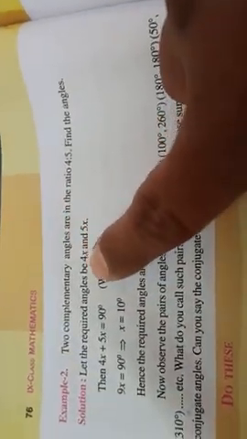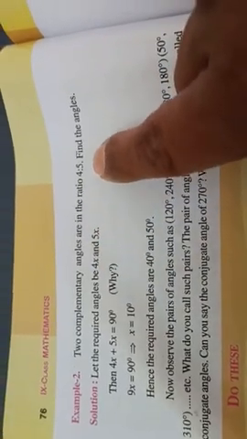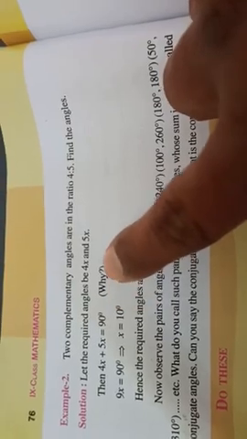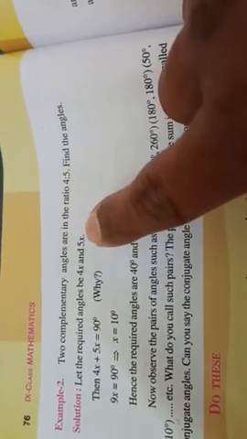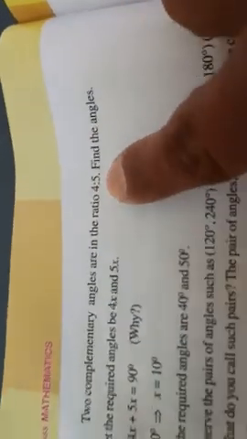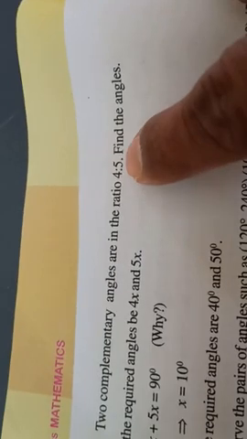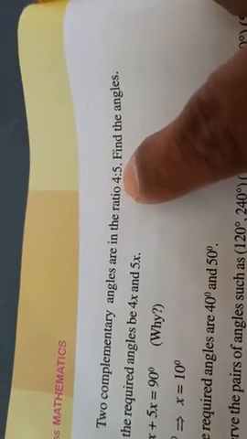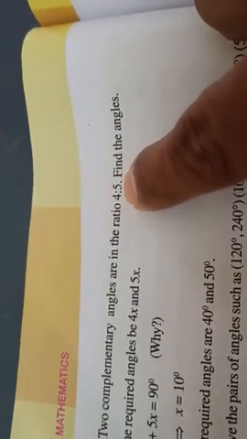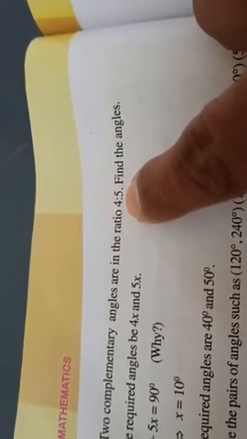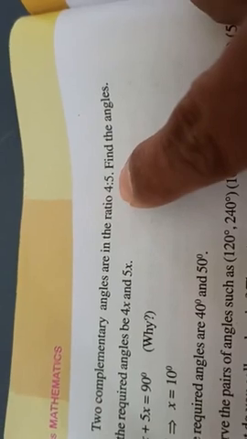See example. Two complementary angles are in the ratio 4:5. Find the angles. Let the required angles be 4x, 5x. The ratio is given. So to find the actual values of that ratio, we need to multiply with some number. So let us assume that number is x.